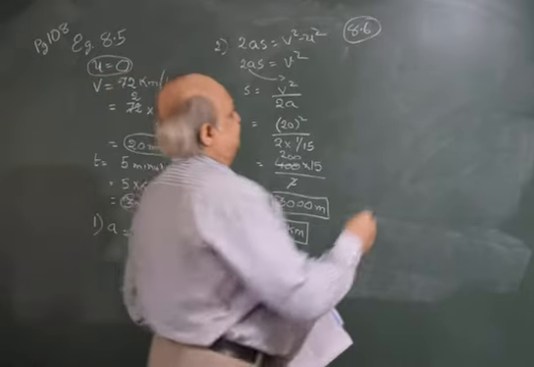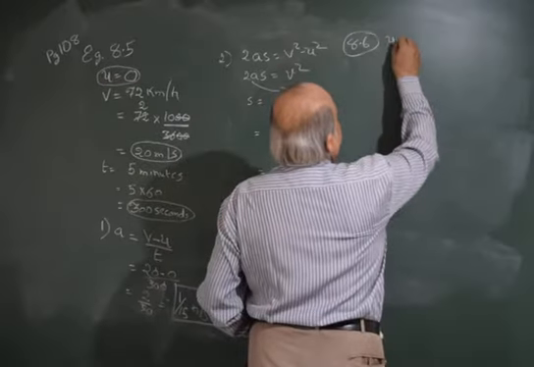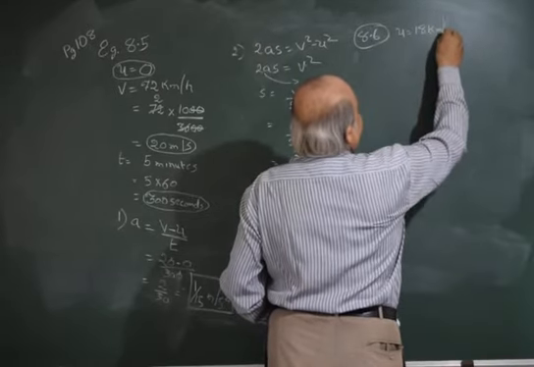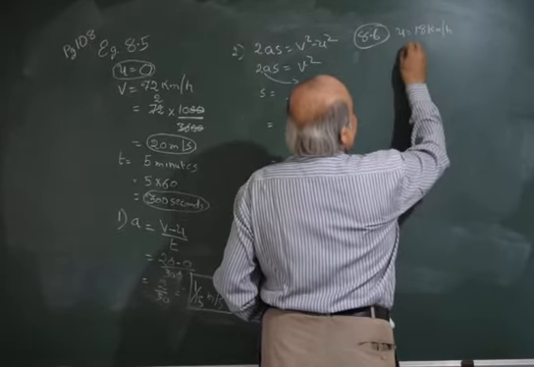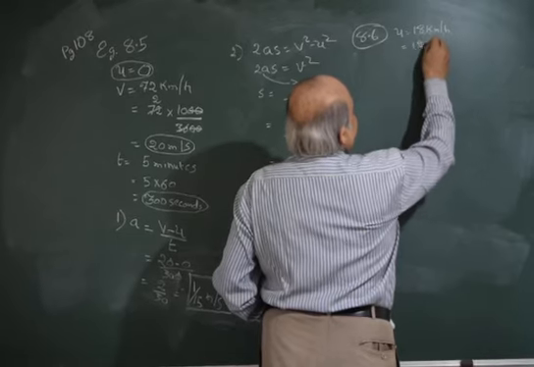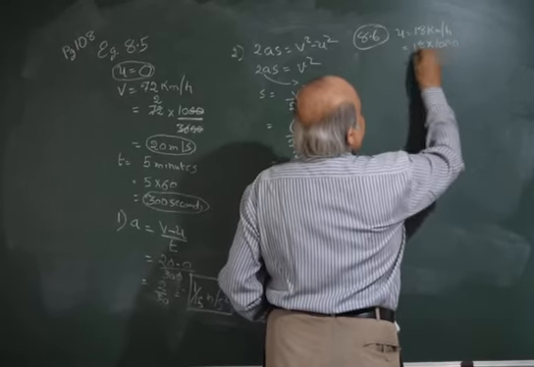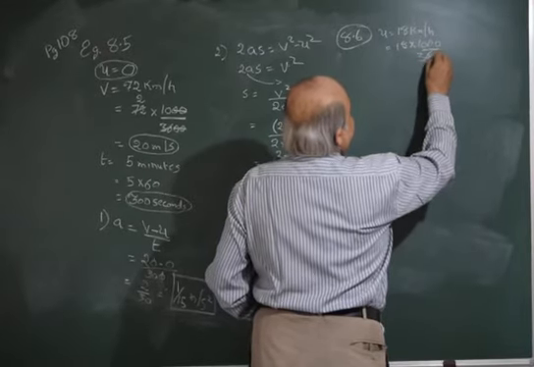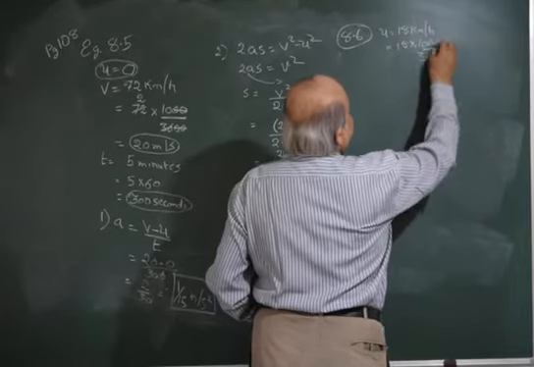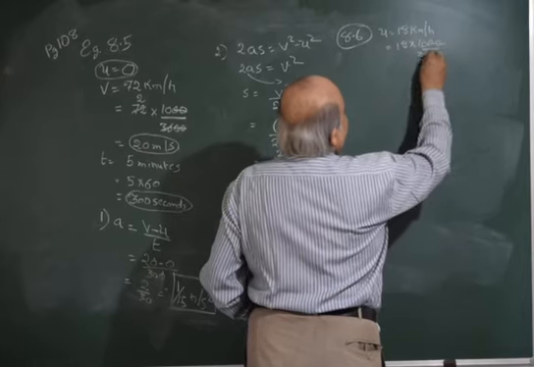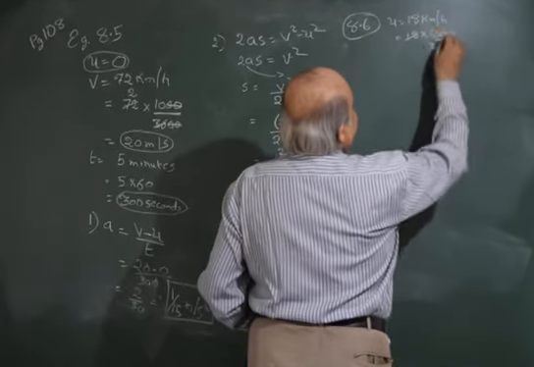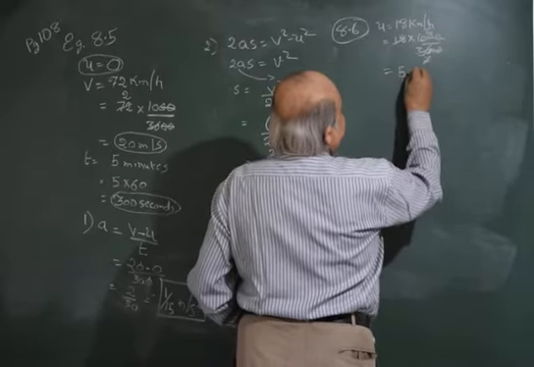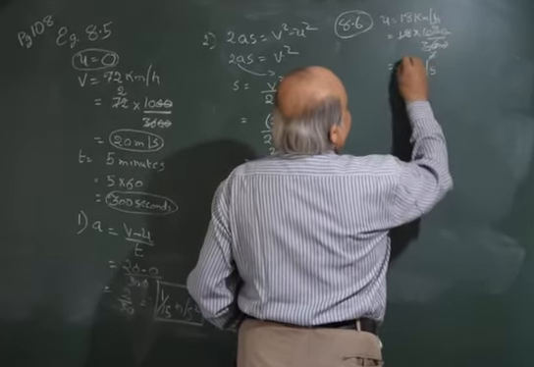So we have the initial velocity u equal to 18 km per hour. We convert 18 into 1000 upon 3600. The two zeros cancel out. We have 18 twos are 36, so our initial velocity is 5 meter per second.